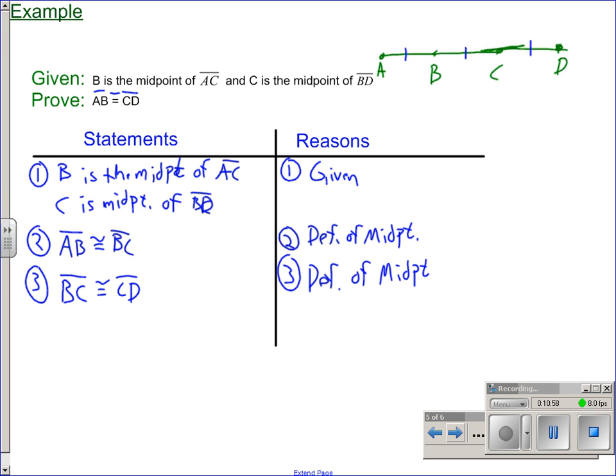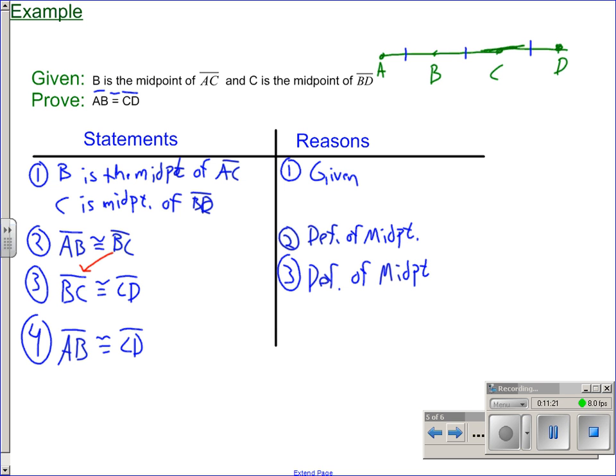All right, so now we're trying to get to segment AB congruent to segment CD. If you look at statements 2 and 3, you kind of got that transitive property set up here. AB is congruent to BC. BC is congruent to CD. So according to the transitive property, AB is going to be congruent to CD.